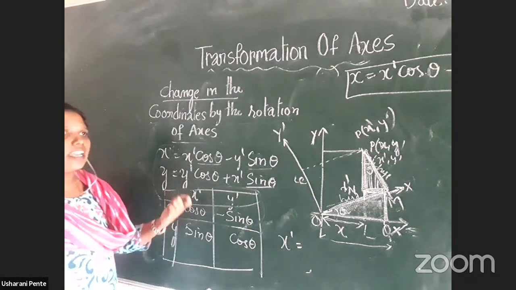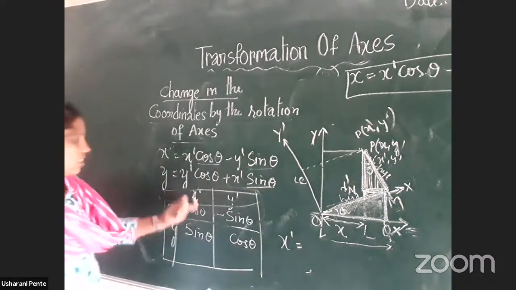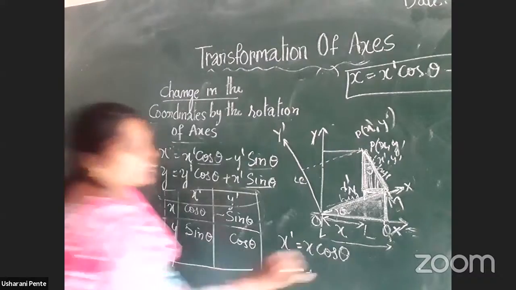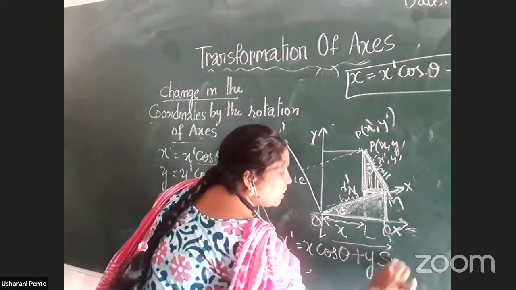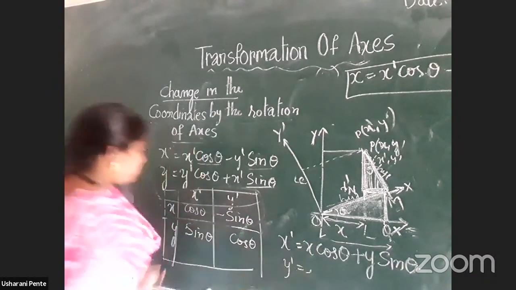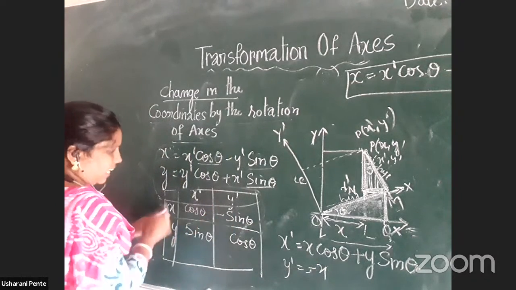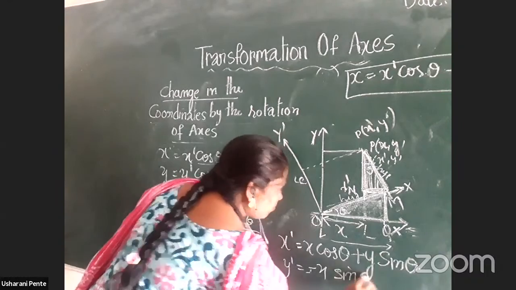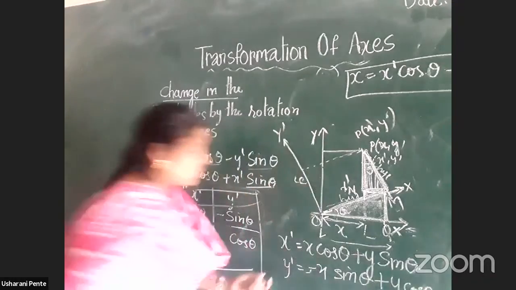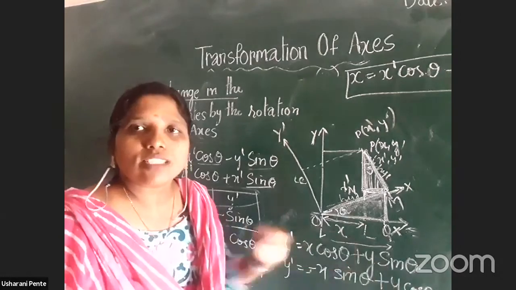So x dash is equal to x cos theta plus y sin theta, and y dash is equal to minus x sin theta plus y cos theta.